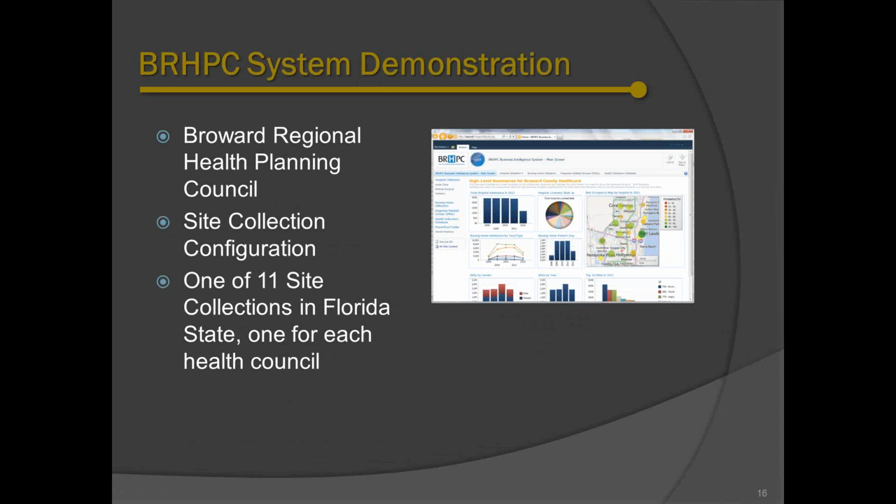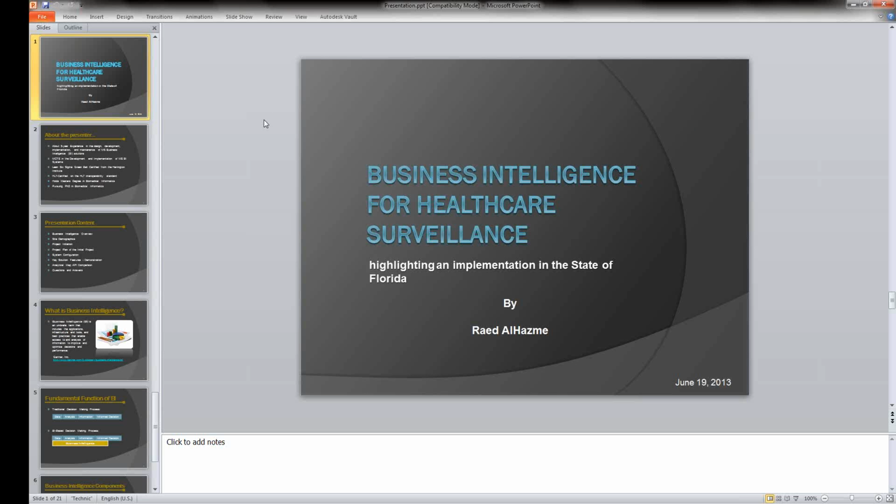They haven't gone live yet, but we're in the process of developing them further and reaching a production level where we can launch them. But what's going to be demonstrated right now is just Broward County's site collection, or copy of the BI system. So let's get started and show the system.